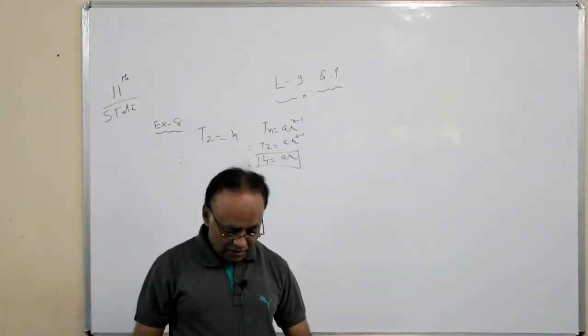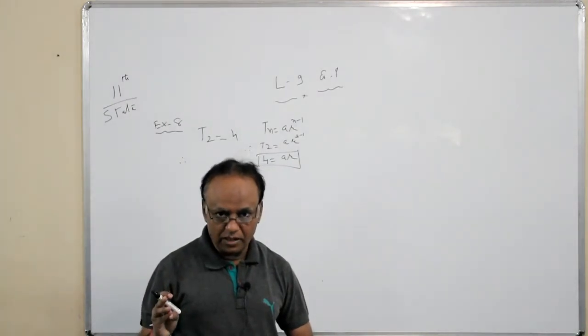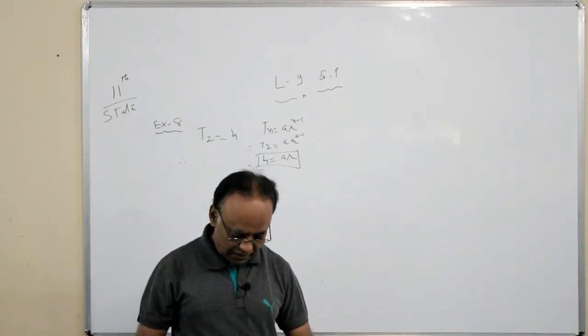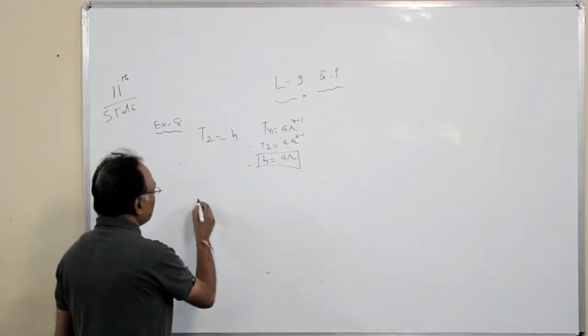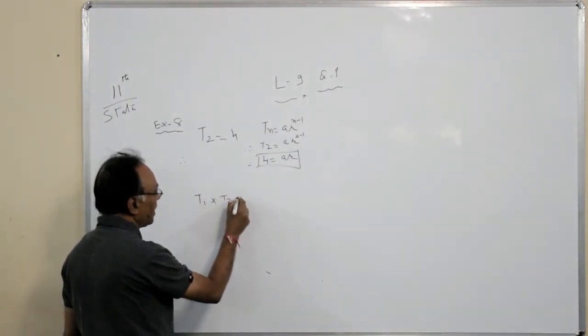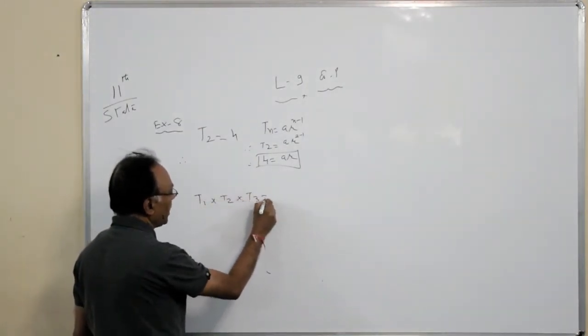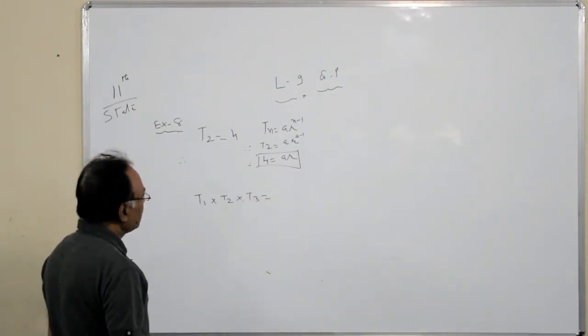The question is to find the first 3 terms, meaning the first term T1, second term T2 and third term T3. So we want to find T1 multiplied by T2 multiplied by T3. Now apply the formulas.